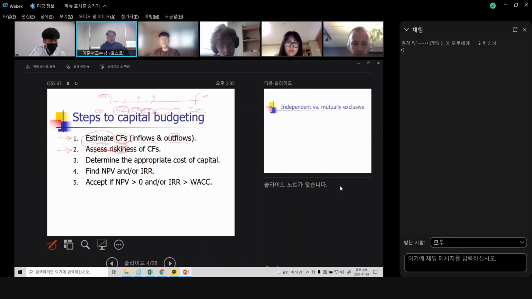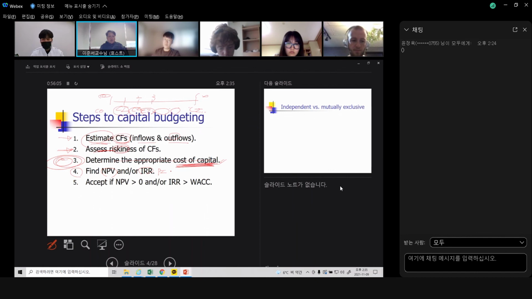Third step is to determine the appropriate cost of capital. We already did that in chapter 11, cost of capital, right? We finished the third step. And fourth step is to find net present value, IRR, profitability index, something like that, which is the decision criteria.